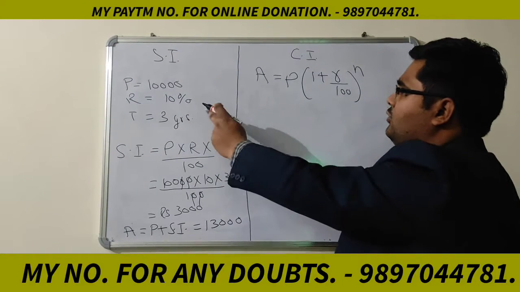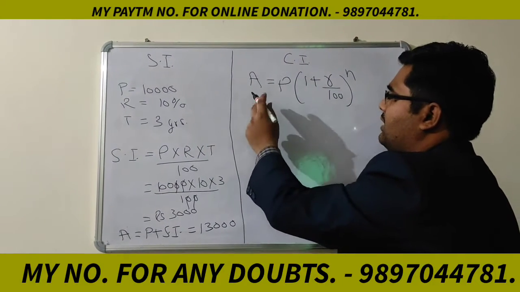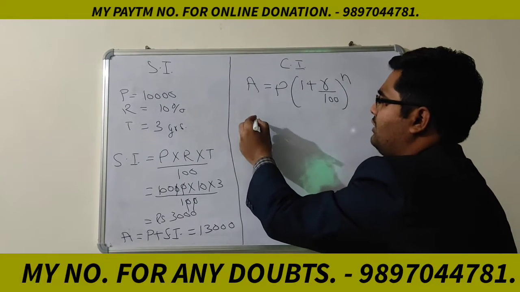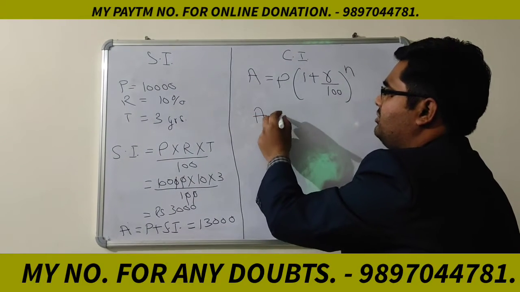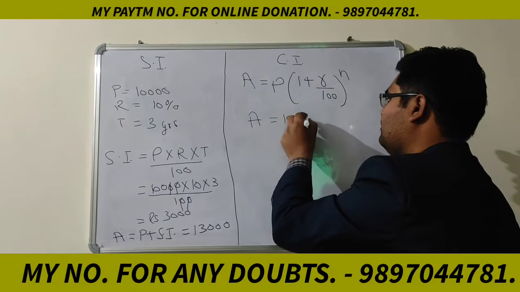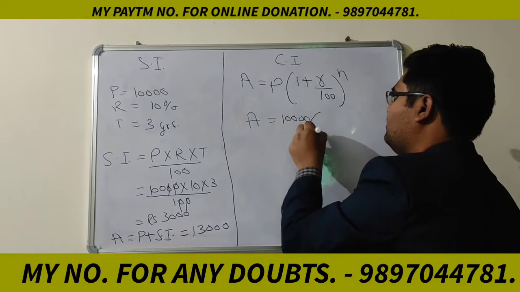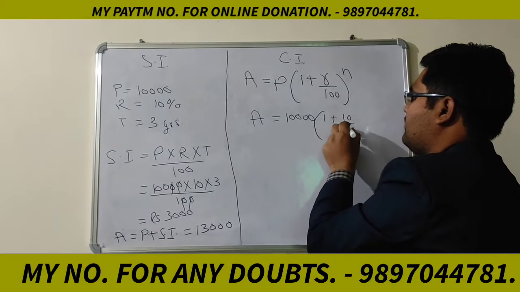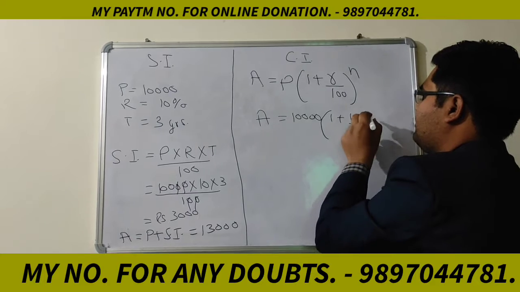Now putting the values in this formula, first we have to calculate the amount. Amount equals principal, which is 10,000, bracket open, 1 plus R which is 10 upon 100, to the power 3.